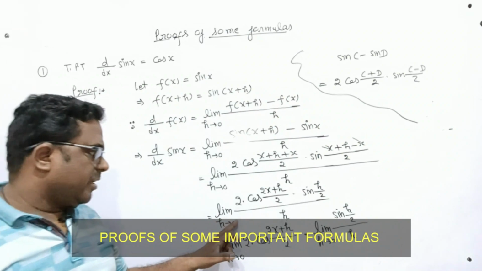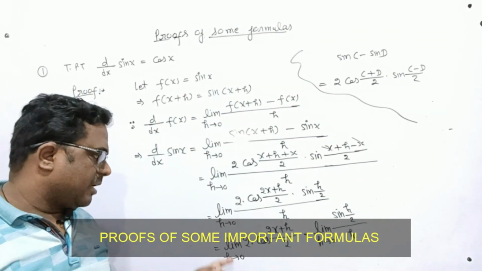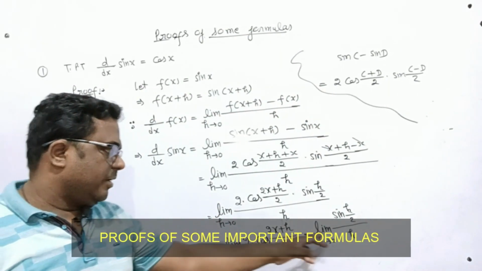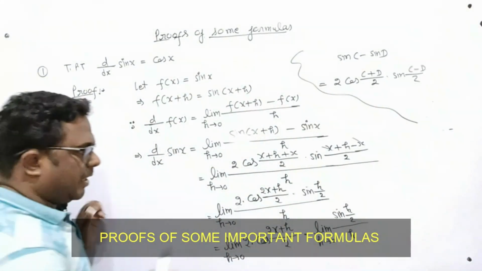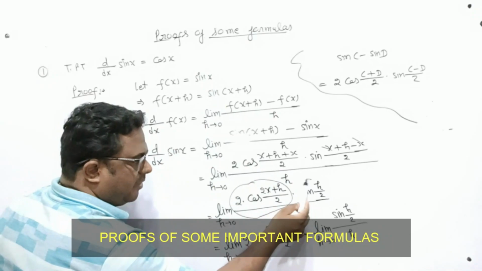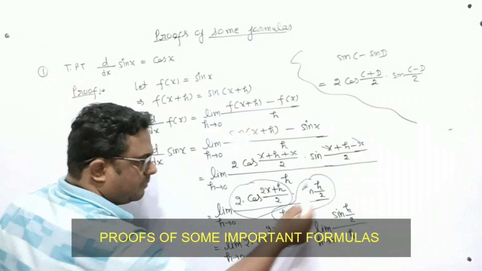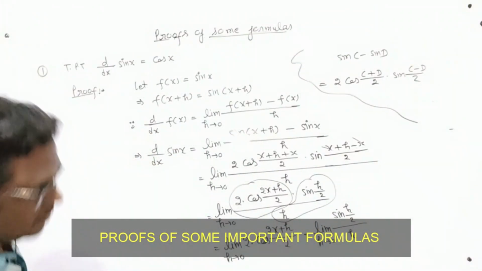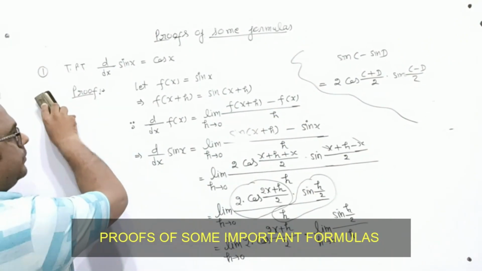So limit was written one time here, but in the next step I have written limit two times. One limit has been given to this part and one limit has been given to the other remaining part. Now I am solving here.